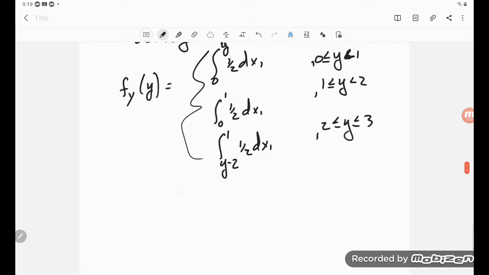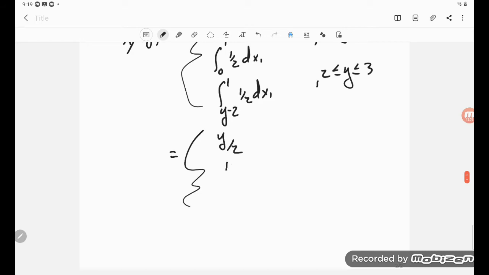And so what we end up with is y over 2. We just get a half here, and then we get 1 minus y minus 2 over 2, which we can rewrite.